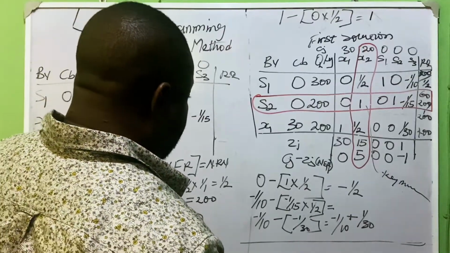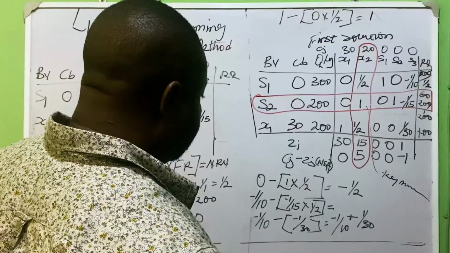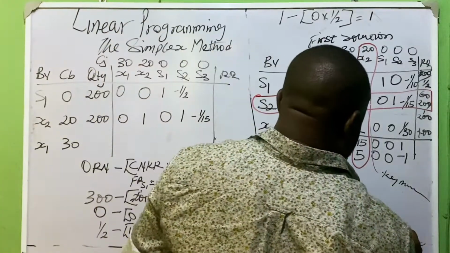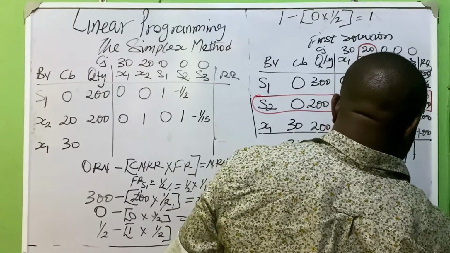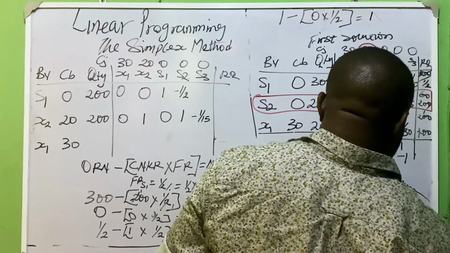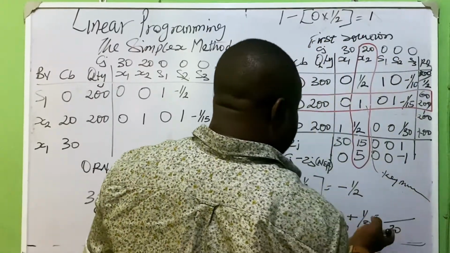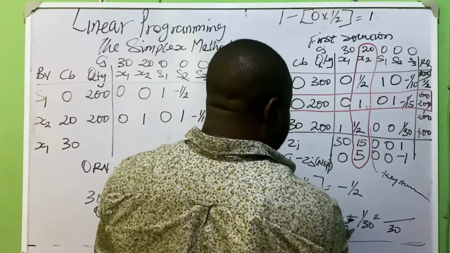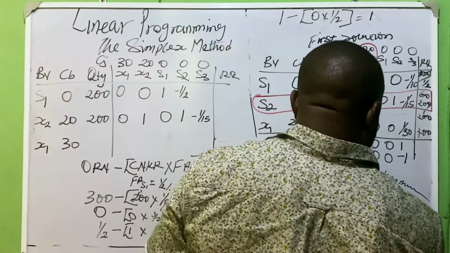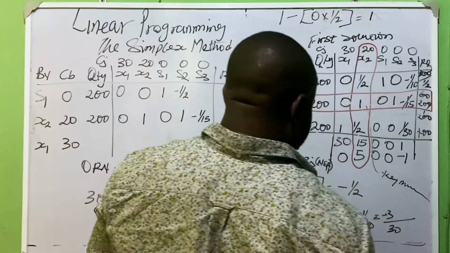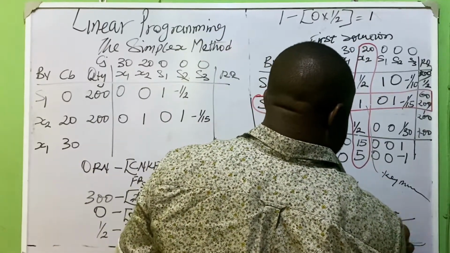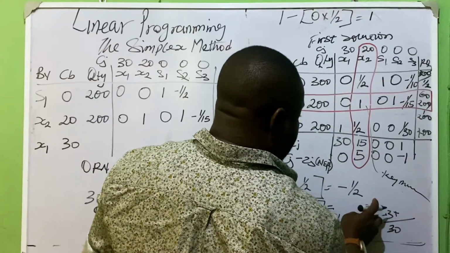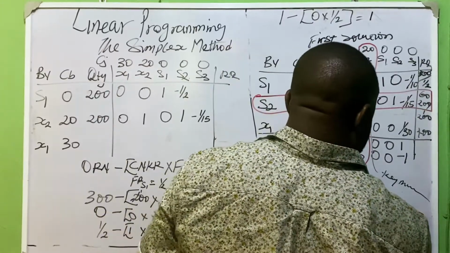So we're going to have, take the LCM, which is 30. 10 by 30 will give us 3. 3 by minus 1 gives me minus 3, then plus 30 by itself is 1. 1 times 1 is also 1.